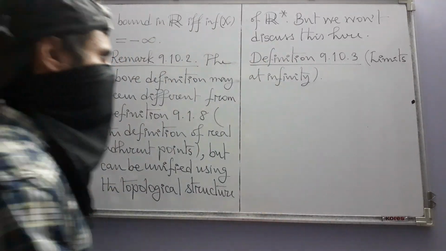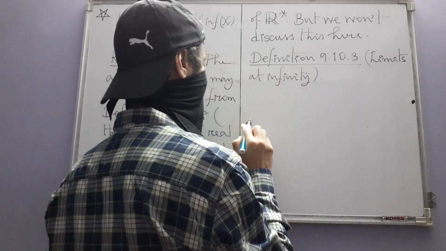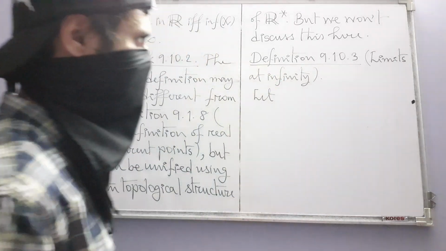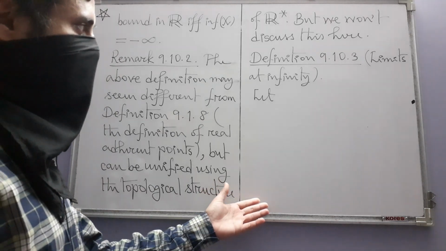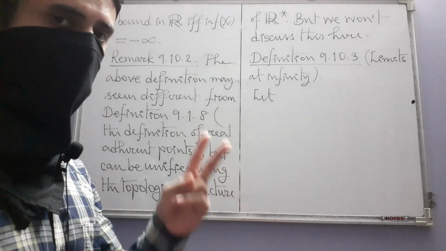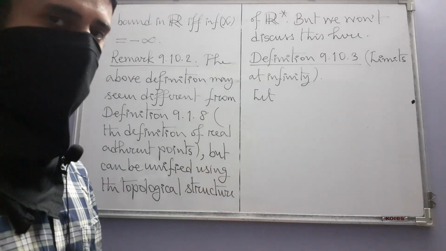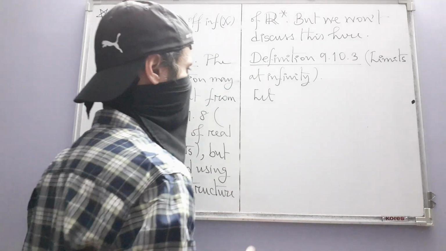Okay. So the definition, of course, starts like this. You can imagine that we are going to write conditions for two definitions, depending on whether x naught is plus infinity or minus infinity.